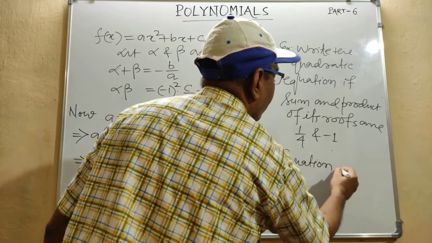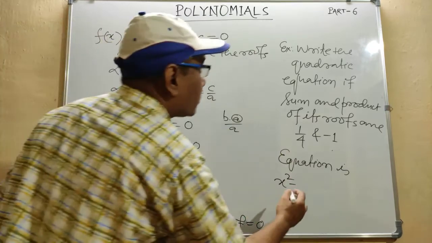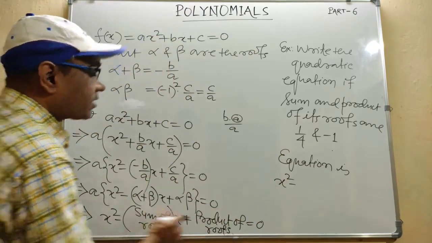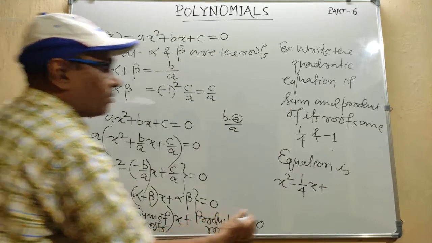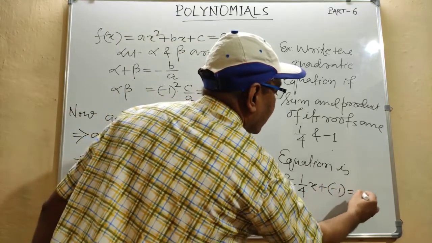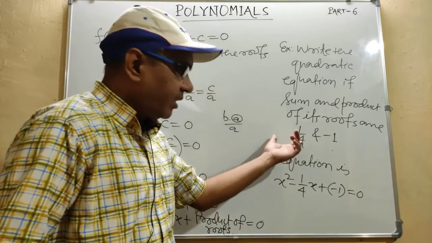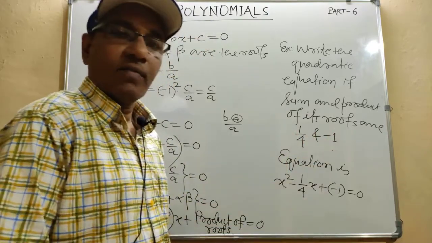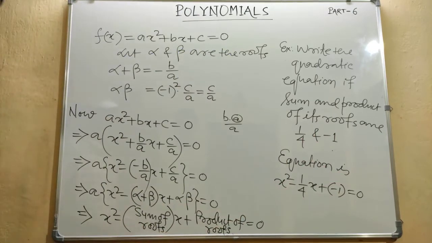What will be the equation? The equation is x² minus sum of roots. Sum of roots is given as 1/4, into x plus product of roots. Product of roots is given as -1. So this will be the equation. If the sum and product are not given but the roots are given, then you can find the sum by adding, find the product by multiplying, and then write the equation using x² minus sum of roots into x plus product of roots equal to 0.